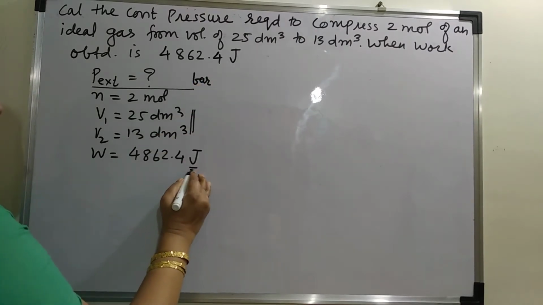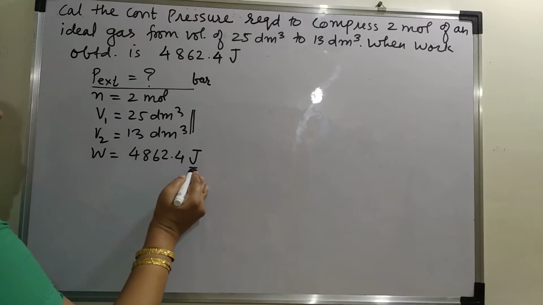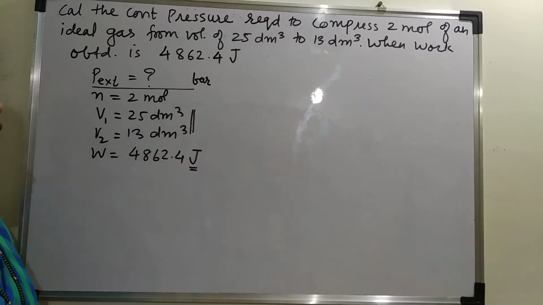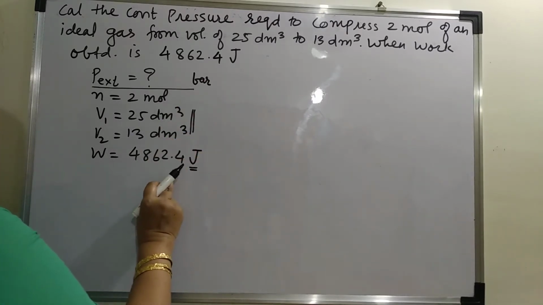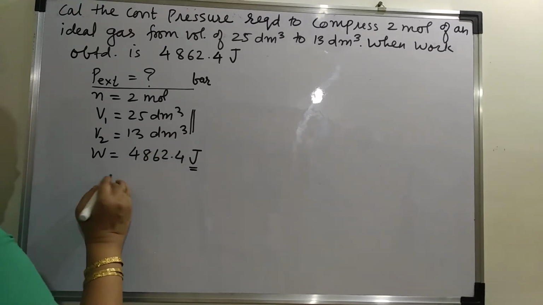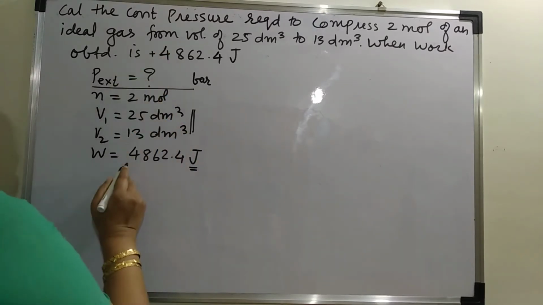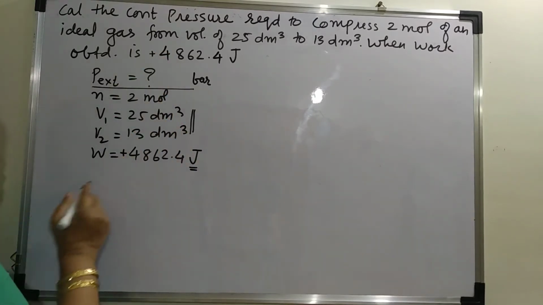If I convert this J to bar dm cube, so let us do the conversion of this work into bar dm cube. How can I do that? Let us check whether this is positive, because the gas is getting compressed.